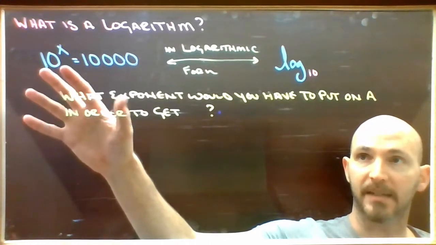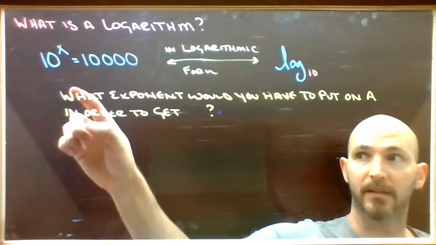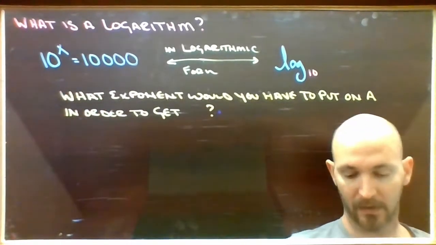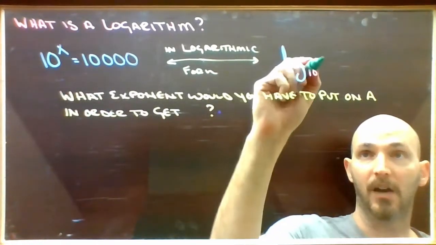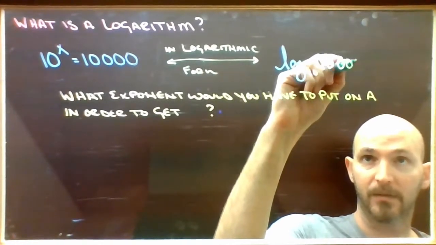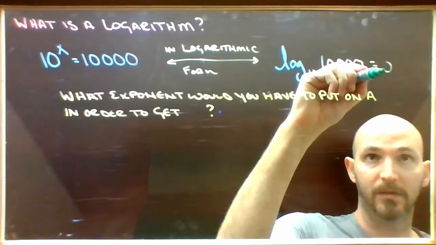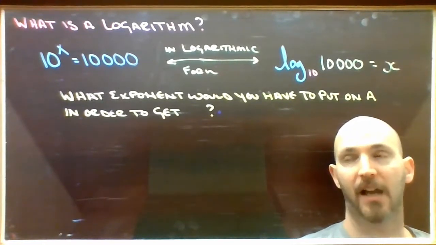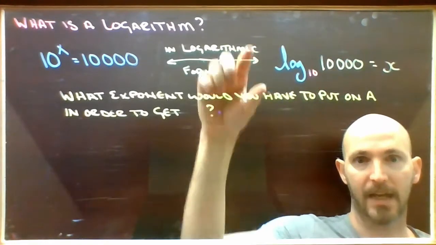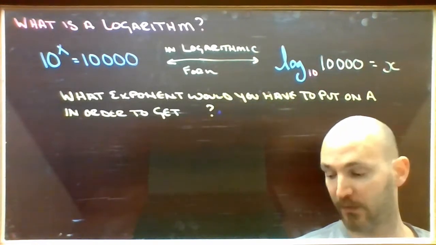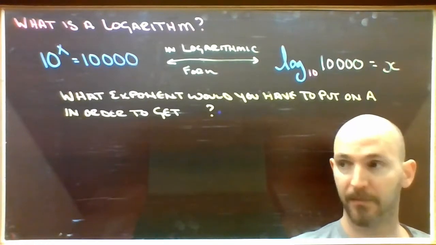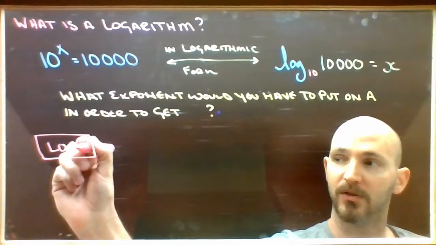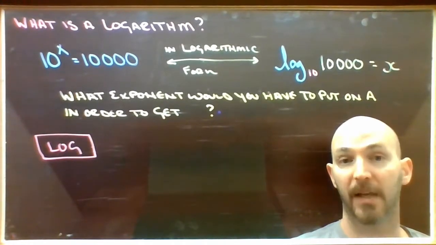So I'm trying to ask myself then, log 10 of this number should give me this exponent. So log 10 of 10,000 should equal the number I don't know. And the real advantage to this is I don't have to guess and check this. Log 10 is a button on your calculator. So if you take a look at it right now, the button with the letters L-O-G on it, that's log base 10.